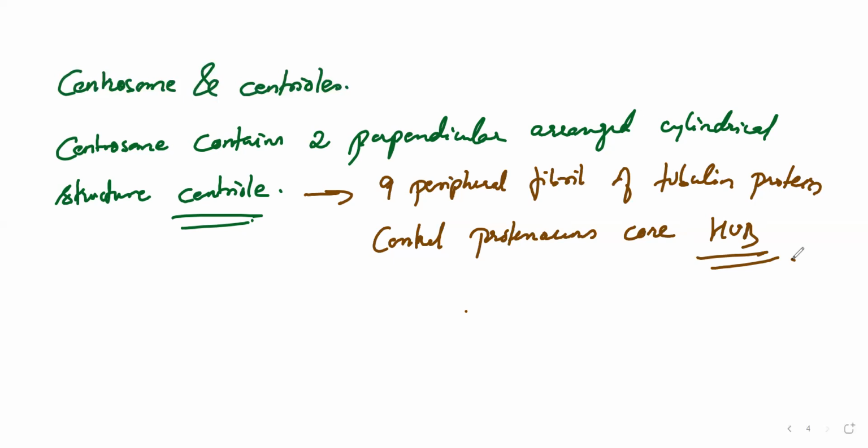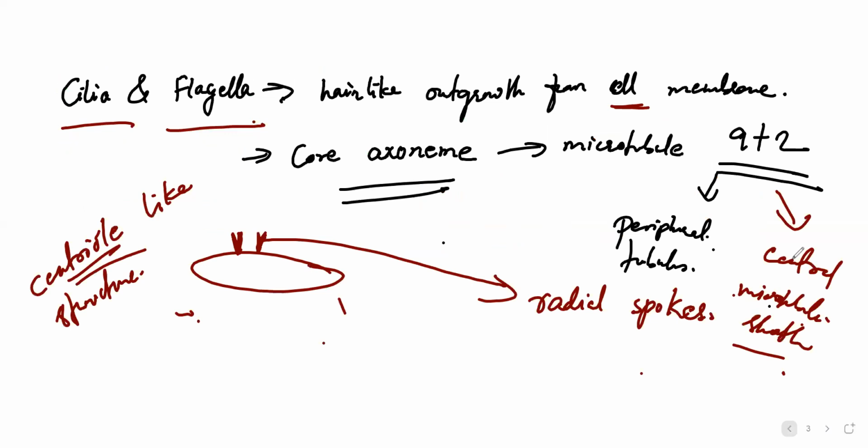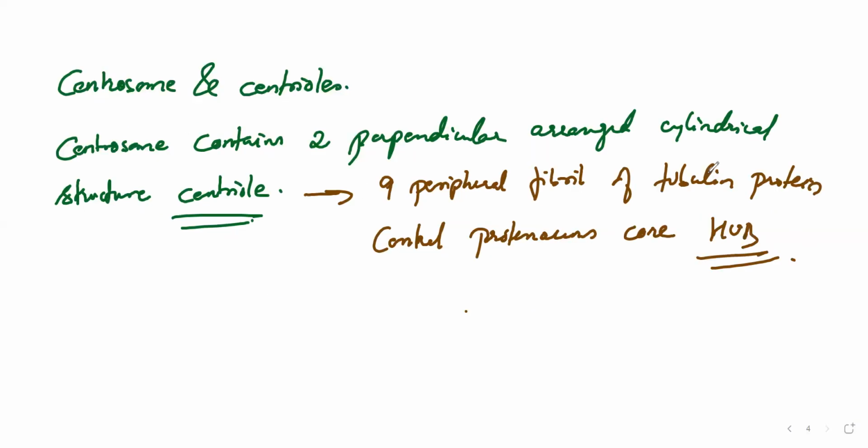Like how we saw previously, this was a duplet, right? The peripheral tubules in the cilia and flagella. In the same way, here in the centrosome, the peripheral tubules, which are 9, are in triplets. So I'll just write it: the peripheral tubules are triplets.